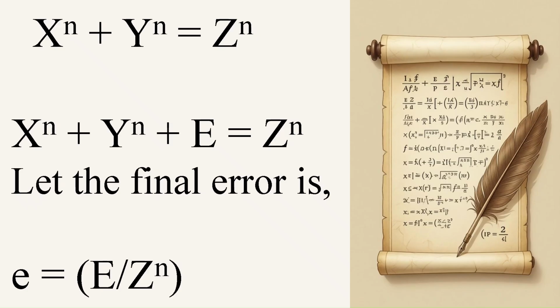Let's now rewrite the given equality in an alternative form by introducing an error term denoted by E, such that the total deviation from exact equality is captured by this term.